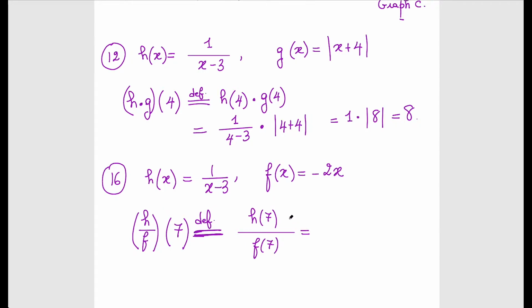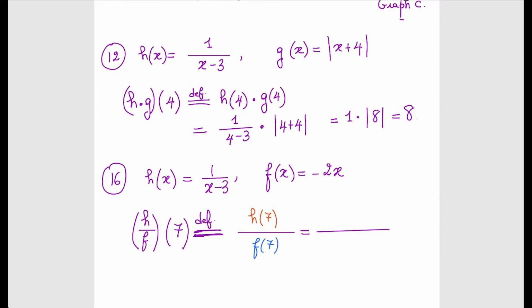Now the question is, what's h of 7 and what's f of 7? Let's find each one. How about we color the top one brown and the bottom one blue?